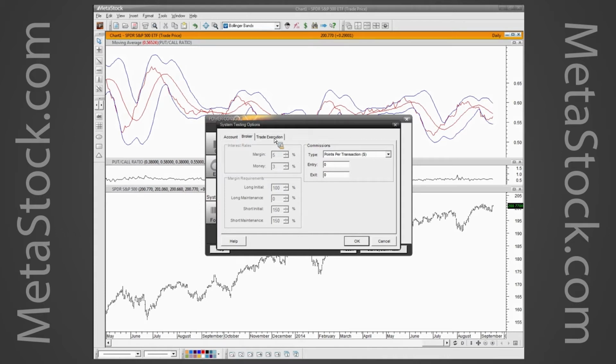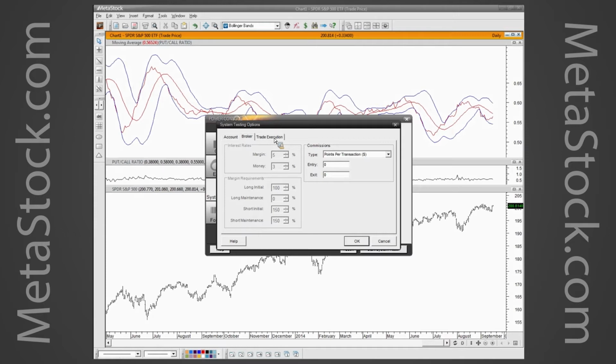Okay, we have a question from George asking what a points-only test stands for. Basically, a points-only test measures all the performance of a system strictly in terms of point changes. So if the system says to go long at, for example, $100 a share, and the security rises to $105 a share and that position is closed, then it measures 5 points.